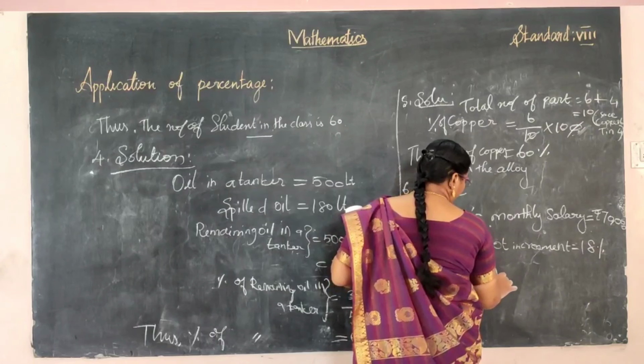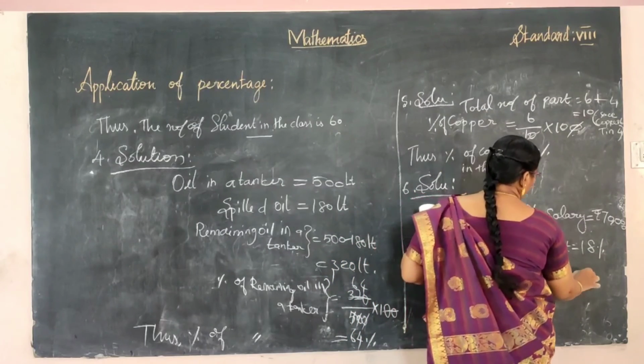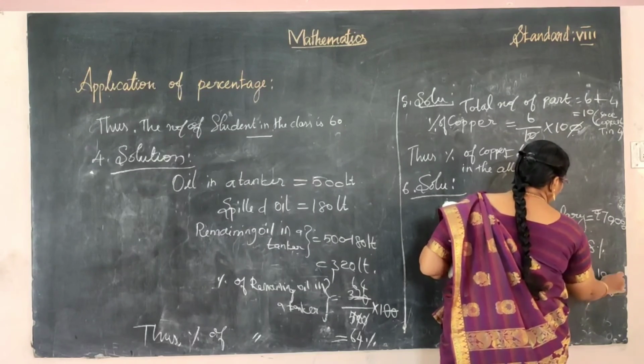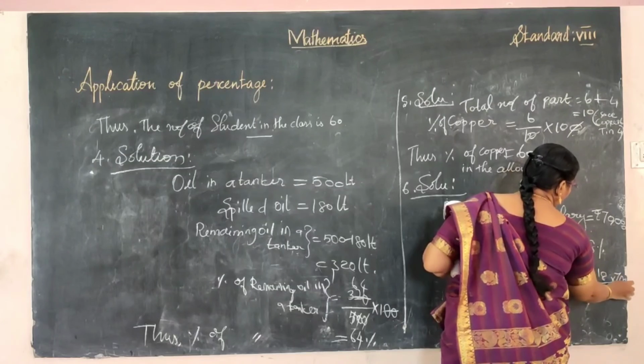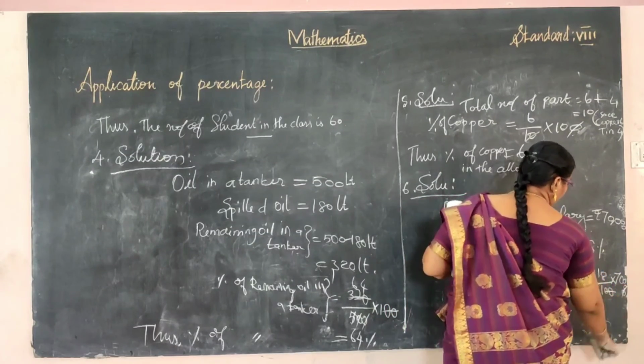Increment amount is equal to 18% of 70,000. Two zeros will be cancelled.